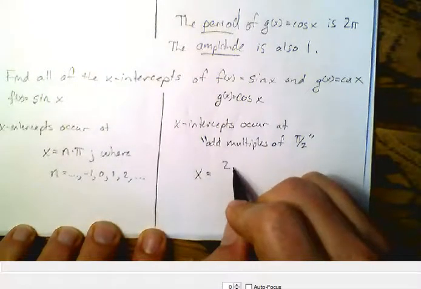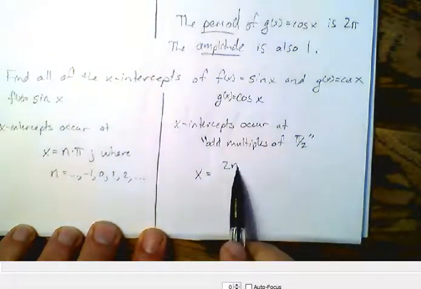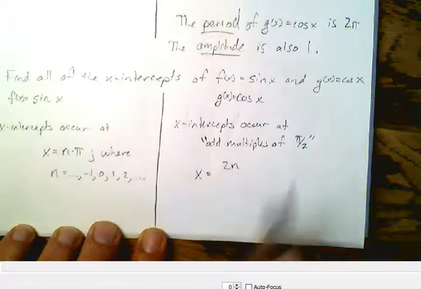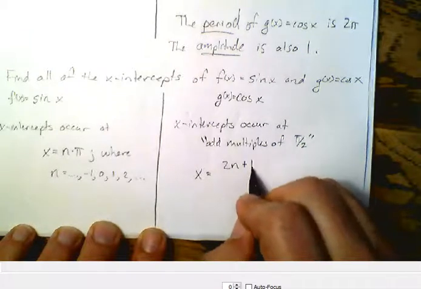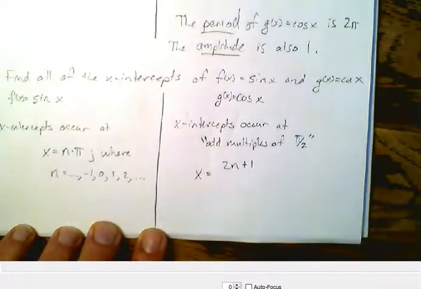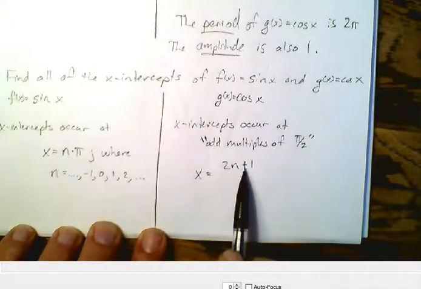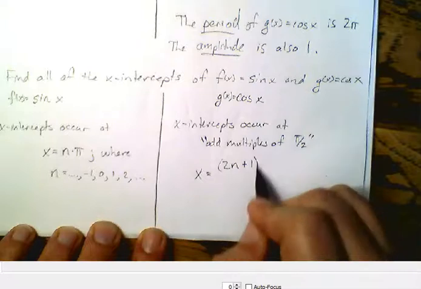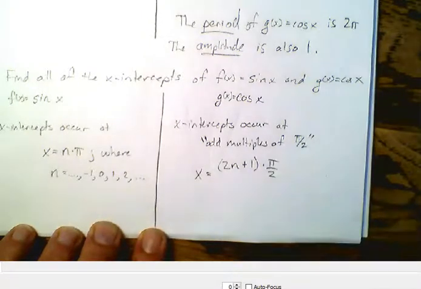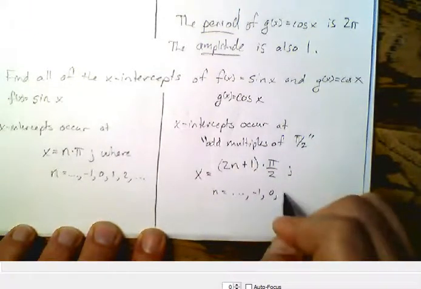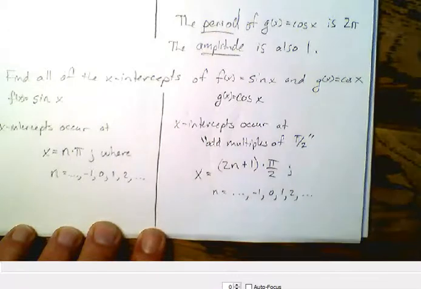So if I multiply n by 2, any whole number times 2 gives me an even number, right? And if I increase that by 1, I get an odd number. So once again, 2 times n is even, add 1 to it, that's odd, times pi over 2. Again, n is negative 1, 0, 1, 2, so on and so forth.